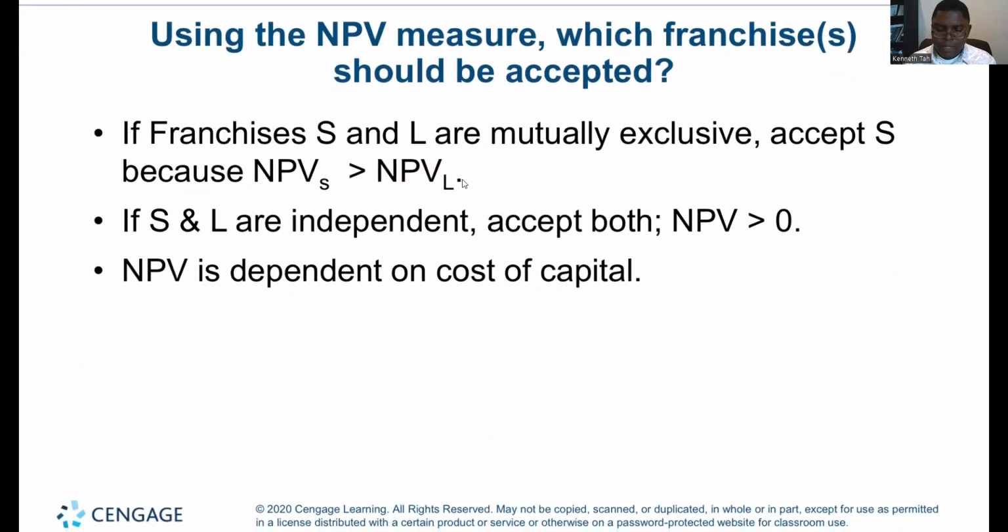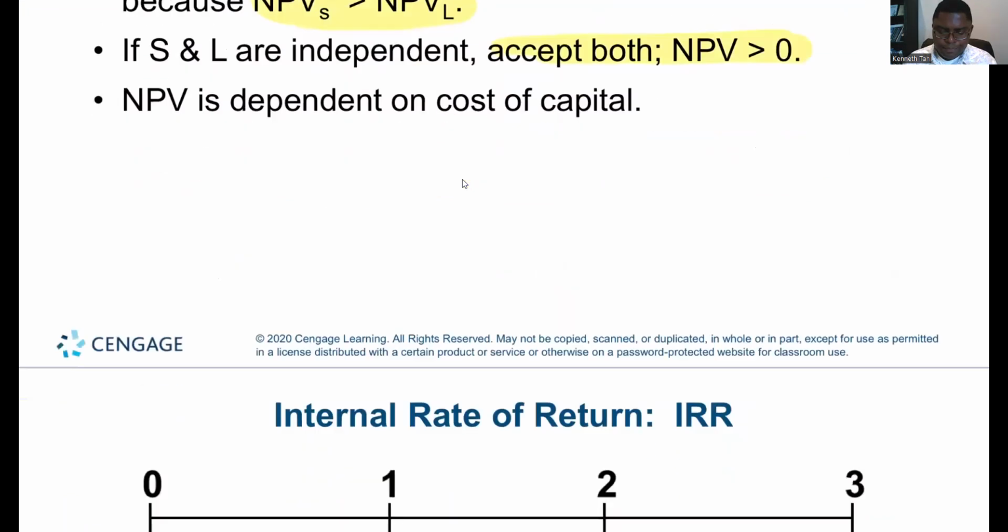As we have seen, if S and L are independent, then we accept both because their NPV is greater than 0. But if they are mutually exclusive, then we accept S because project S's NPV is greater than the NPV of project L.